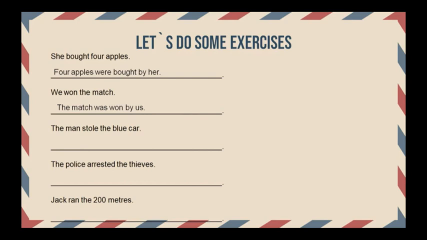Next one: the man stole the blue car. The blue car is an object, stole is a verb, the man is a subject, so the blue car has to be the subject in a passive sentence. Then the blue car was stolen by the man.